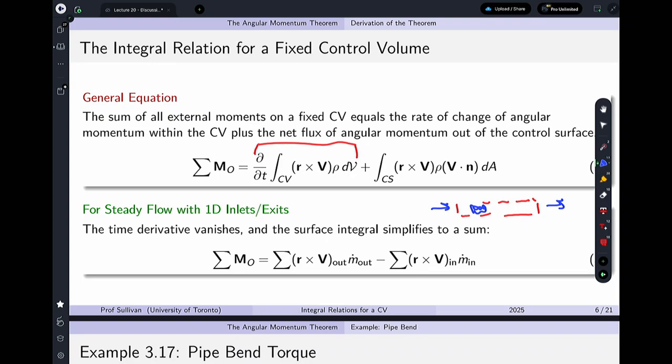The second term simplifies because often we're dealing with 1D flows. And so with 1D, it's r cross with v out, m dot out, minus r cross with v in, m dot in. And again, the m dot term in both cases is going to be the same because we assume whatever's entering is exiting.